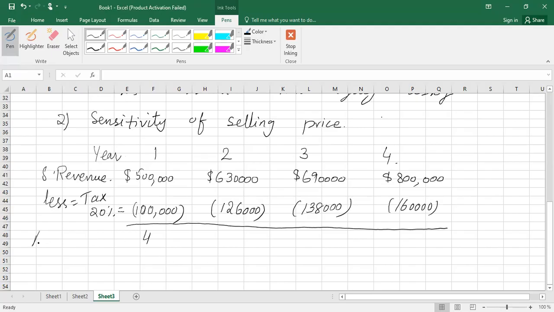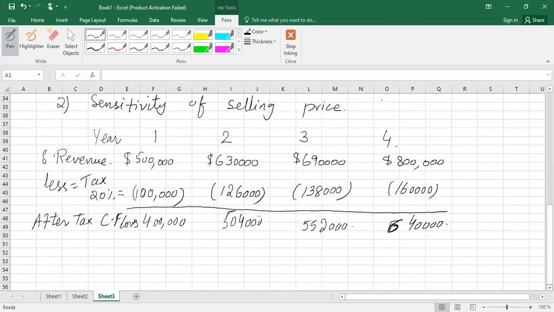So here we have after-tax cash flows: $400,000, $504,000, 552,000, and 640,000.